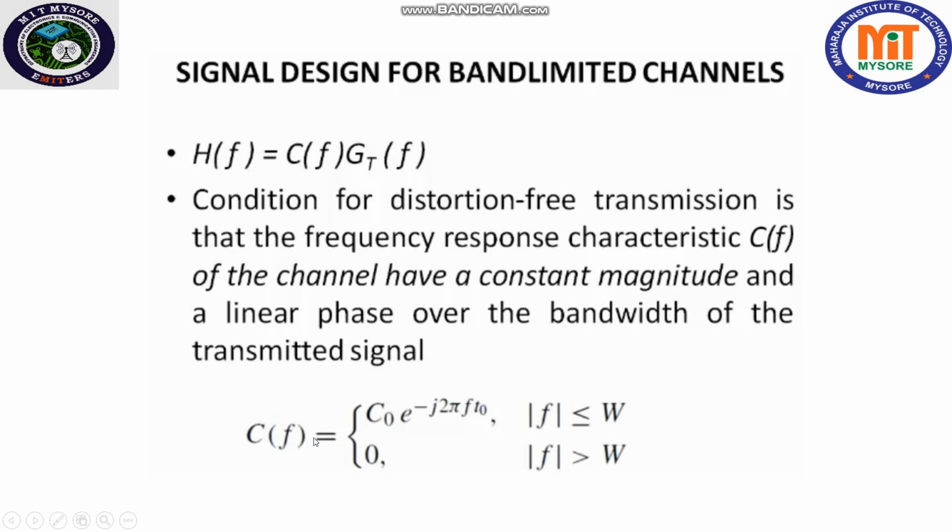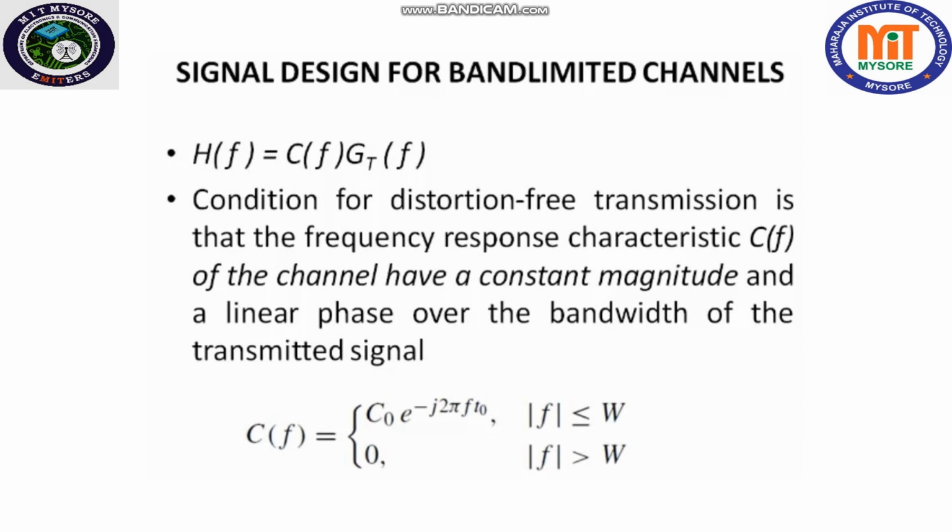That is, C of f must be equal to C naught times e to the power minus j 2 pi f t naught for magnitude of f less than or equal to W, and it should be equal to 0 when the magnitude of the frequency is greater than W. That is strictly band limiting the channel.